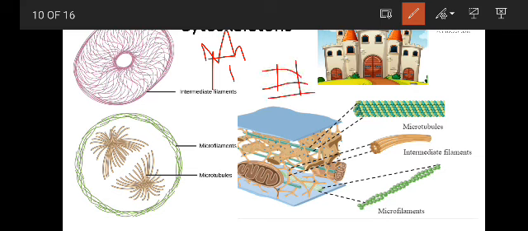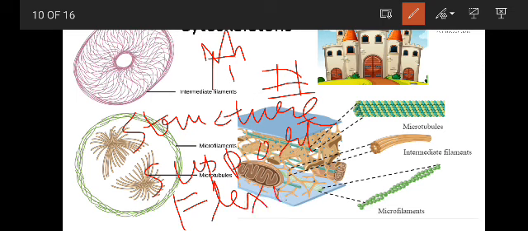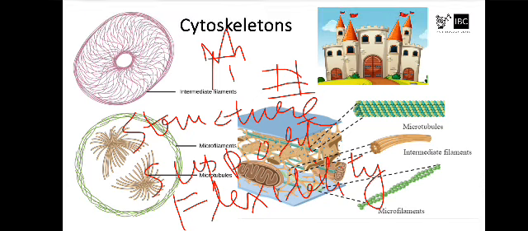Made up of protein filaments, it provides structure, support, and flexibility, allowing the castle to withstand external forces and maintain its shape.